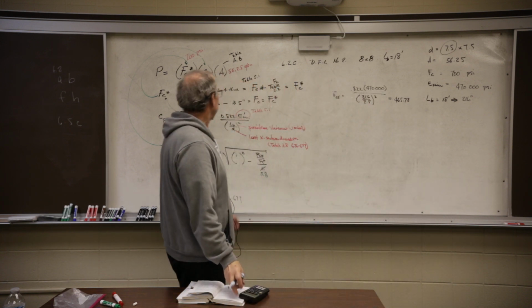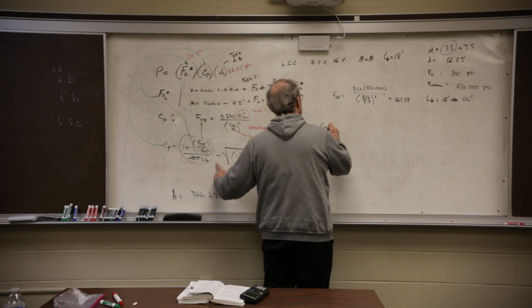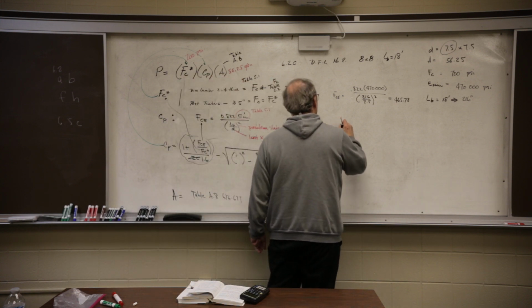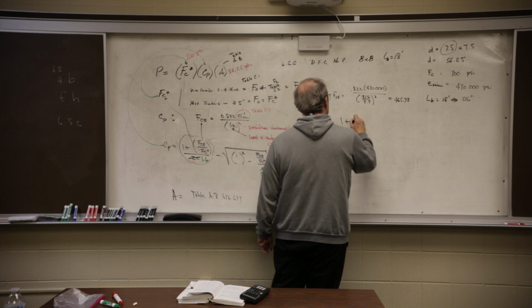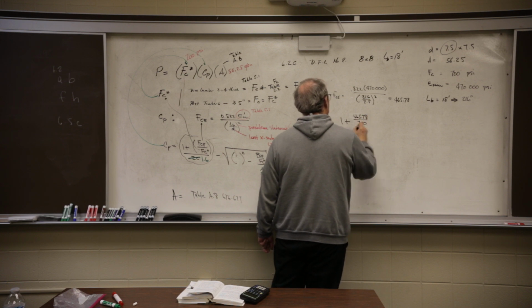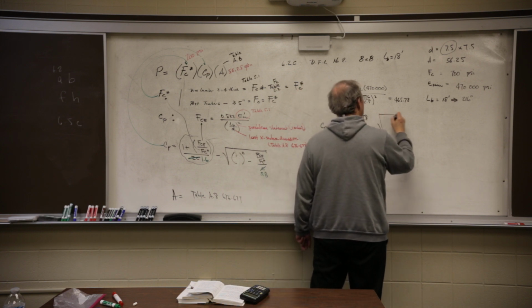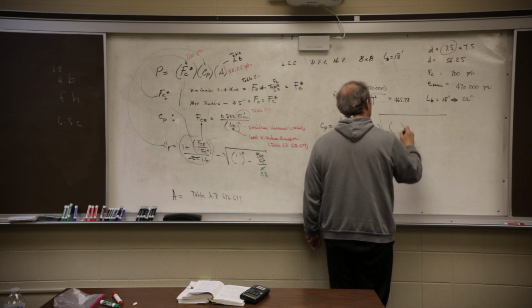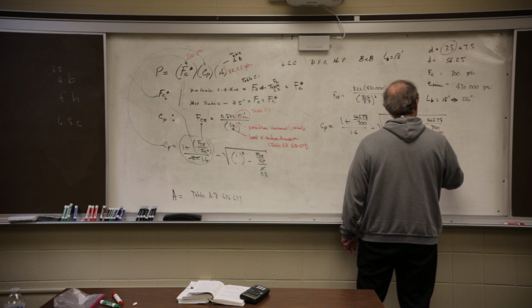Okay, there's that. Now I take this equation, CP equals 1 plus FCE over FC star over 2C.